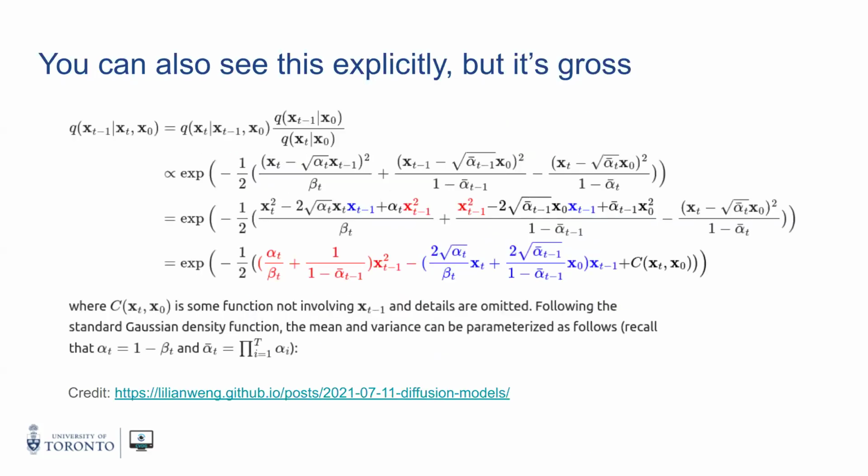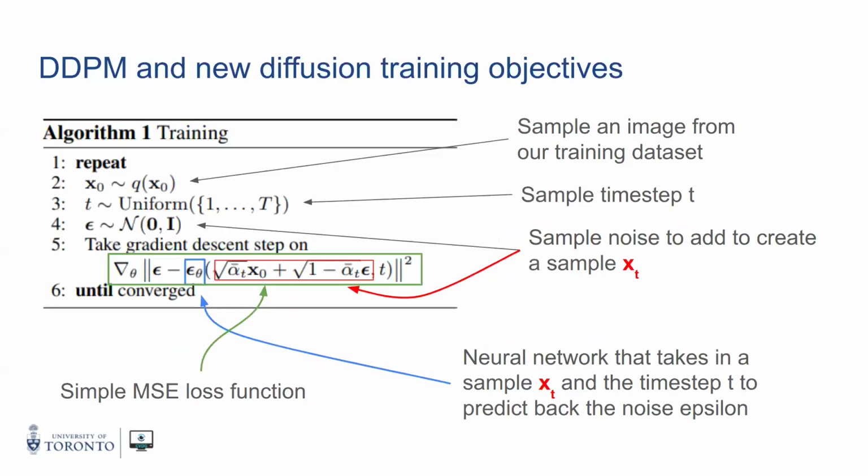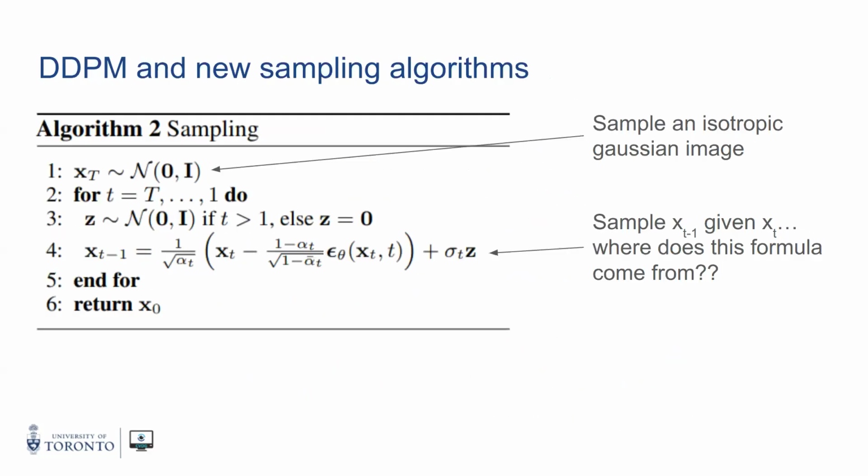This actually gives you more information than your reverse distribution being Gaussian. Doing some more algebra with this will give you a sampling algorithm. It's tricky. If you want to talk to me after about it, I can try to go through it and explain it. Again, we've burned through a lot in this presentation, so I would start in some other places first. That's why I decided to leave it out. But just take my word for it.